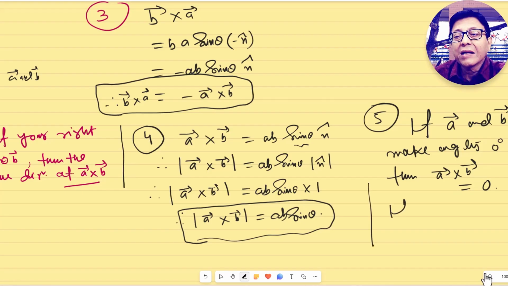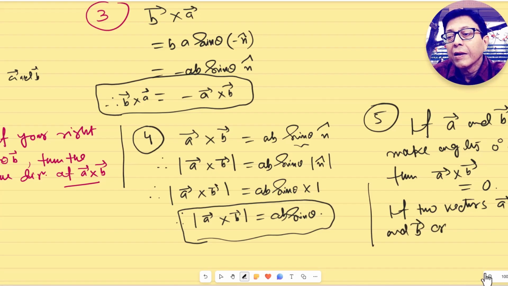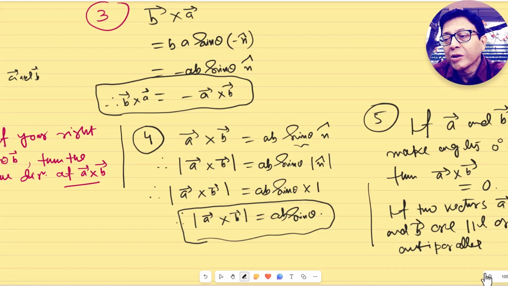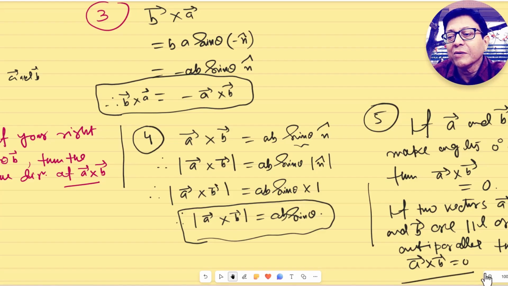Before that, let us make another observation. Number 5. If A and B make angles 0 degree or 180 degree, then in both the cases A cross B will be 0, because sin 0 is 0, sin 180 is also 0. So what will be your conclusion?